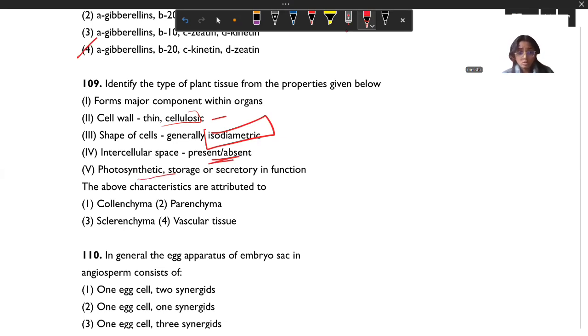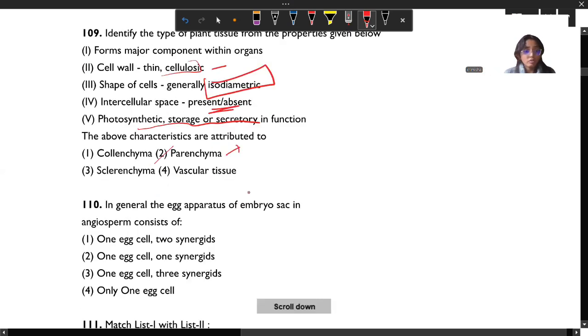They are photosynthetic, they help in storage, and they have secretory function also. All these are features of parenchyma. Parenchyma has a thin cell wall made up of cellulose. Intercellular spaces are mostly absent, but might be present also. The functions of parenchyma as listed by NCERT are photosynthesis, storage, and secretion. And it is the major part of the plant body because it is mostly involved in formation of cortex.